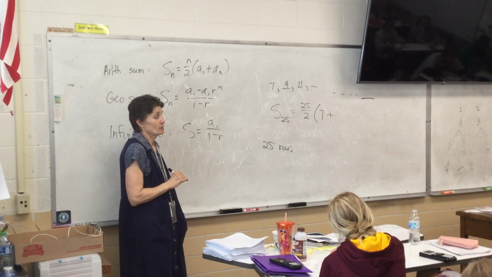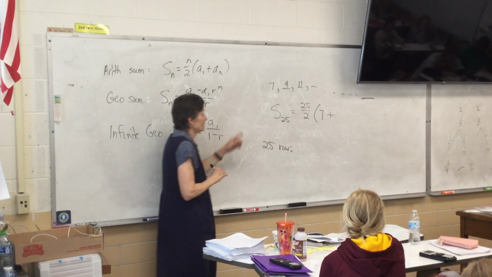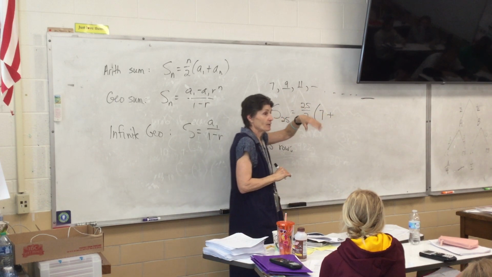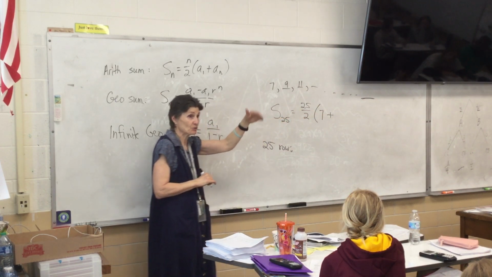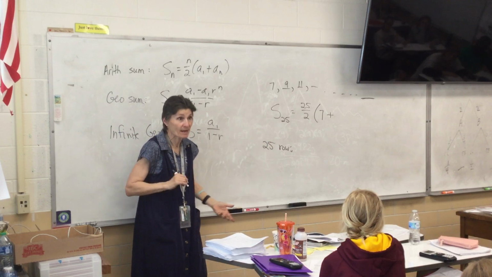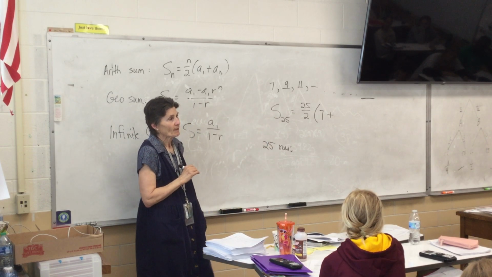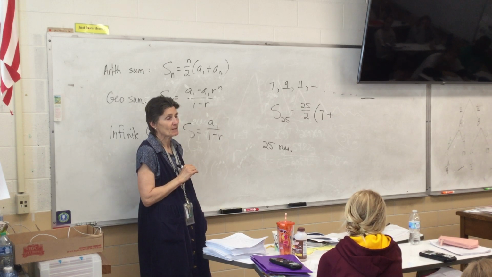Oh, shoot. One option is to just keep adding 2 until I get out there and hope like heck it's not 250 rows the next time I see this problem. What else could I do if I want to find the 25th term of that sequence?